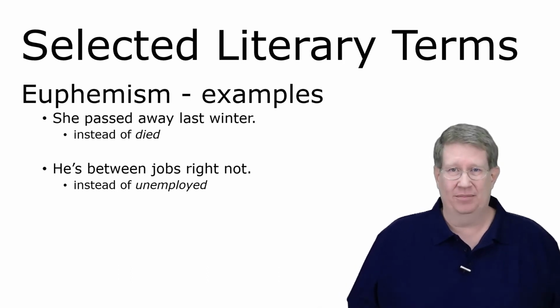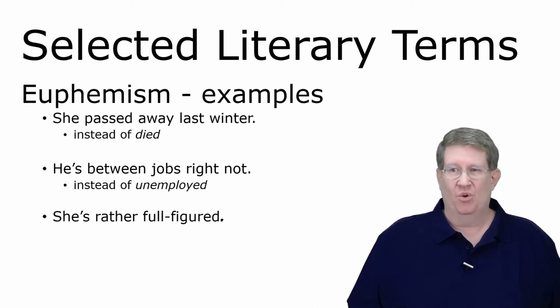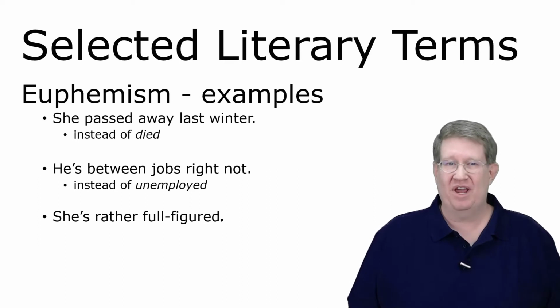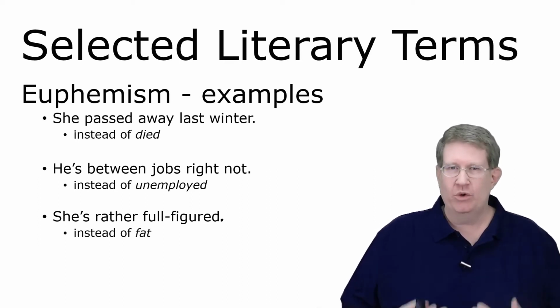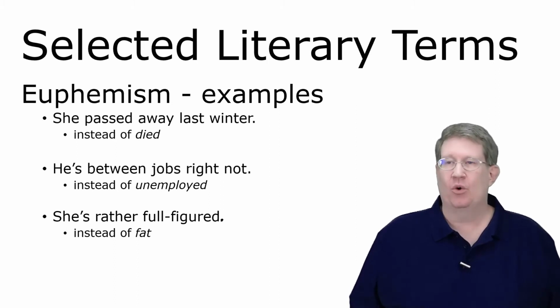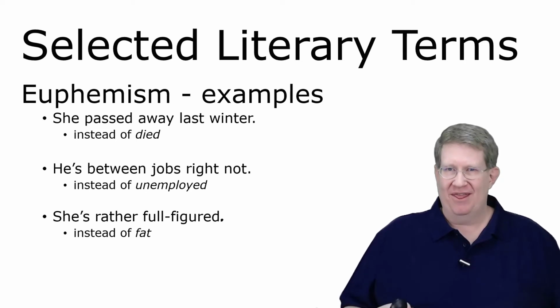He doesn't have a job. "She's rather full-figured." Well, that's a nice way of saying she's fat. Now, when we use these euphemisms, do people know what they mean? Yes, but we're using words that soften what we're talking about.